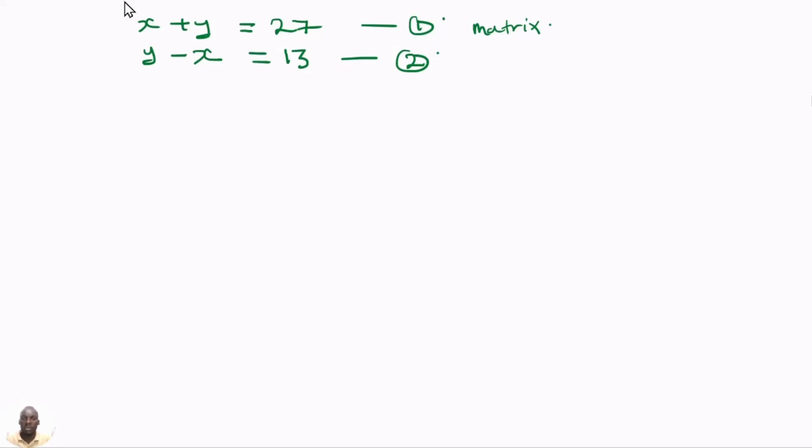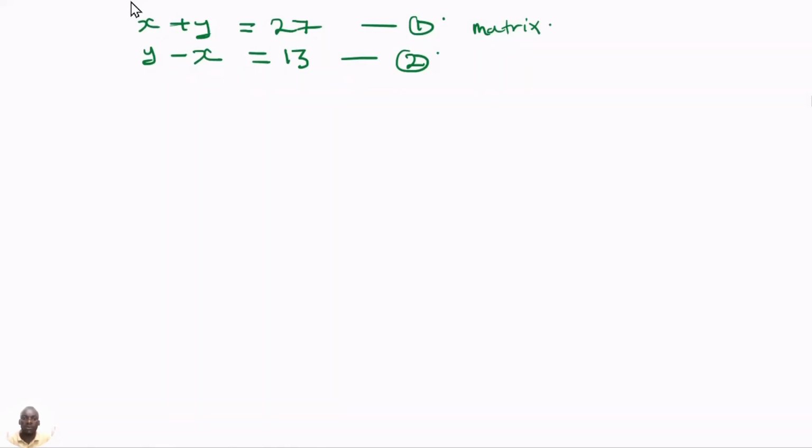But before we form the matrix from these simultaneous equations, we need to arrange the variables so that they are in line. This is what I mean. In the first equation, the x variable is beginning, followed by the y variable, whereas in equation 2, the y variable is beginning, then followed by the x variable. So it means that we need to align them, with a common variable beginning, then followed by the other.